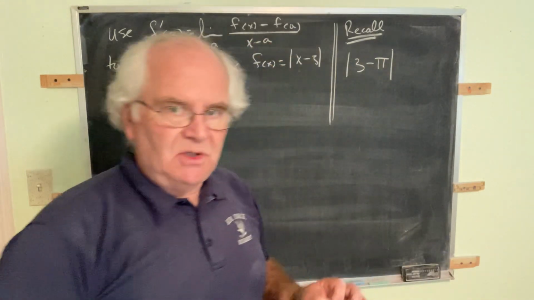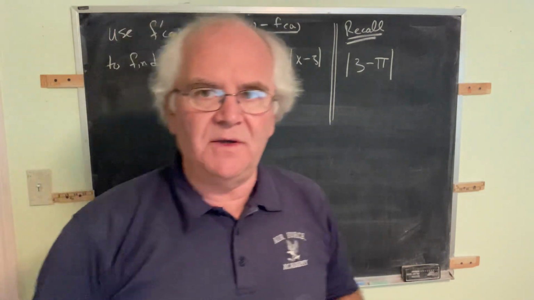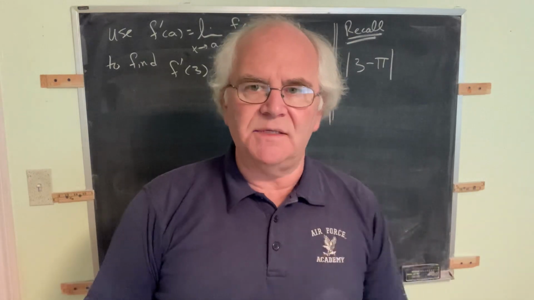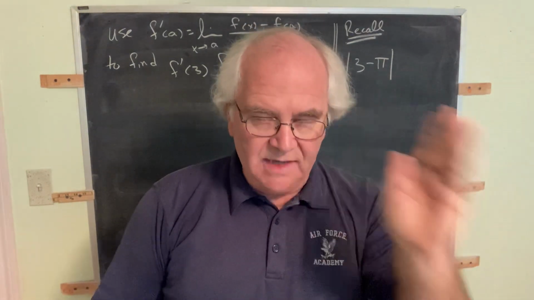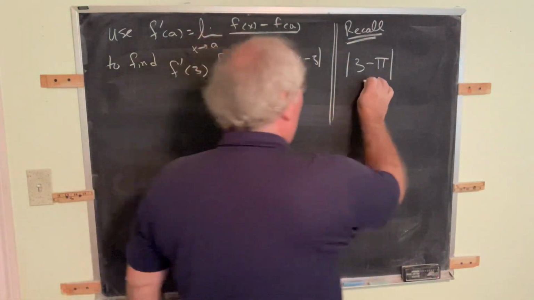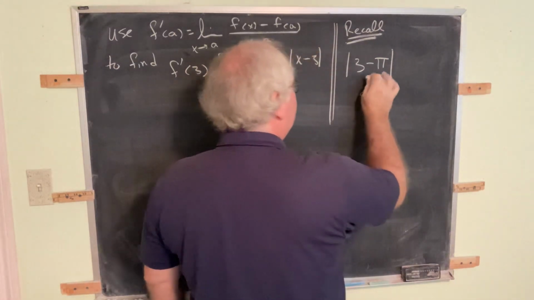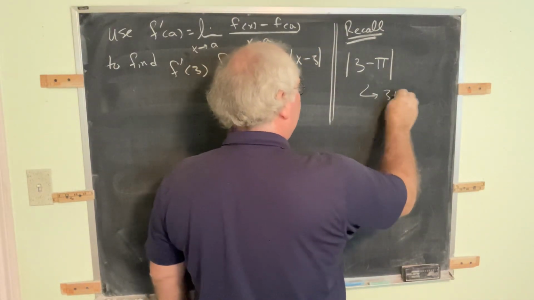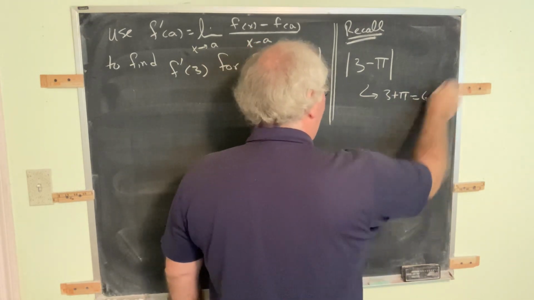Now, there are some students that will learn the way you find absolute value is you change the negative to a positive. Their rule for absolute value is change the negative to a positive, and they don't even think about it. Well, that's a problem. If you use that wrong rule, you get 3 plus pi, which is approximately 6.14, and that's not correct.